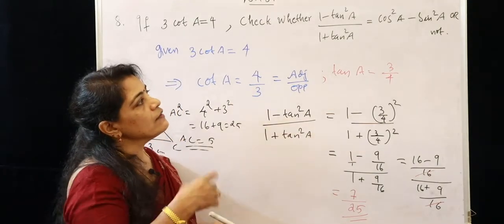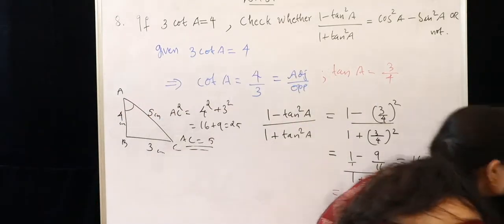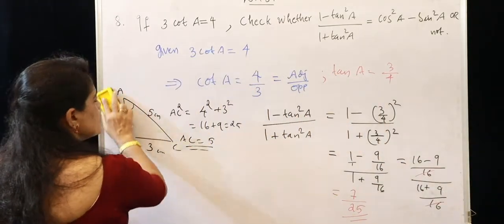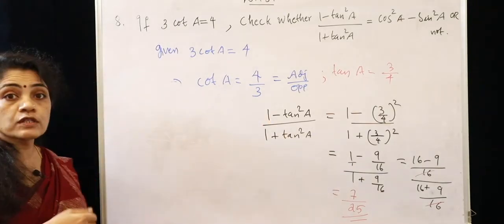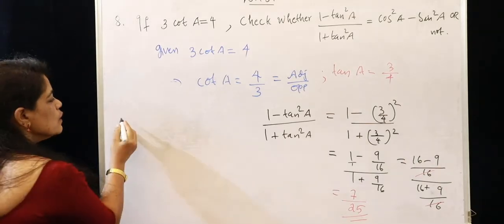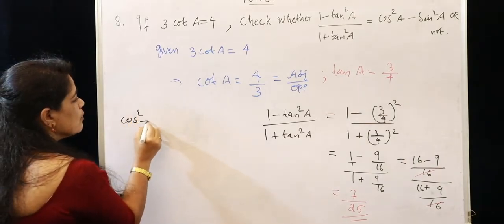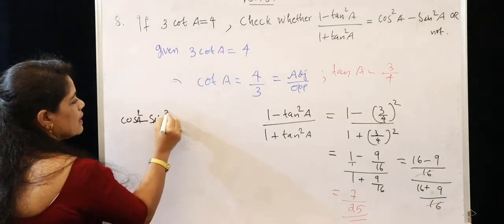Now we can see what comes in the RHS. What is the RHS? Cos square A minus sin square A. We are going to find out what cos square A minus sin square A is.